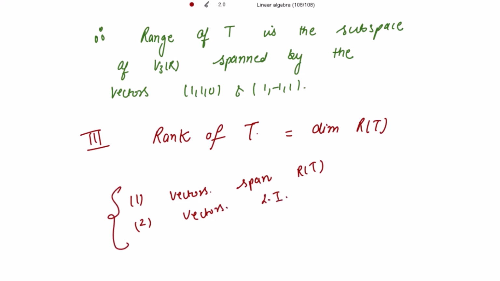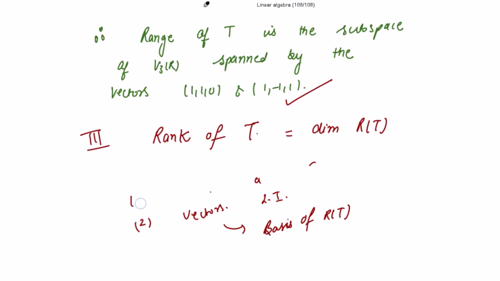If these two conditions hold, then we say that these vectors form the basis of the range of T, right? So already we have done that these vectors span the range of T. Remaining is to show that these vectors are linearly independent.